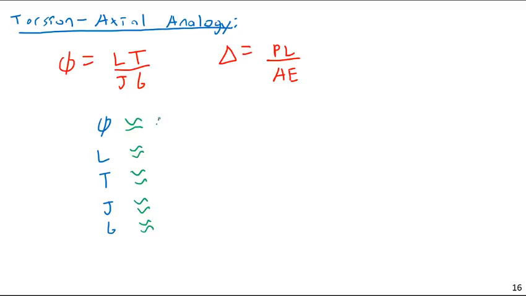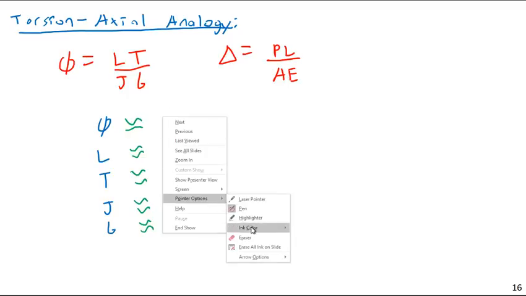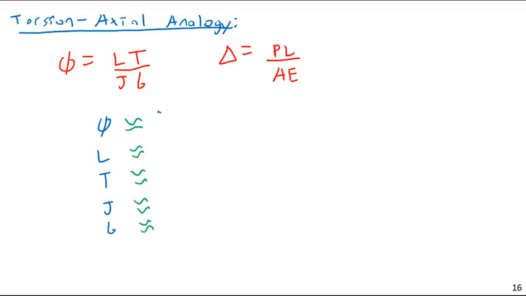They're not equal in number or units, though sometimes units. But these are simply analogous. So phi is the analog of delta. L is just L. Torque is the analog of the axial force. J is analogous to the area, and G is analogous to E. The shear modulus is analogous to the modulus of elasticity.